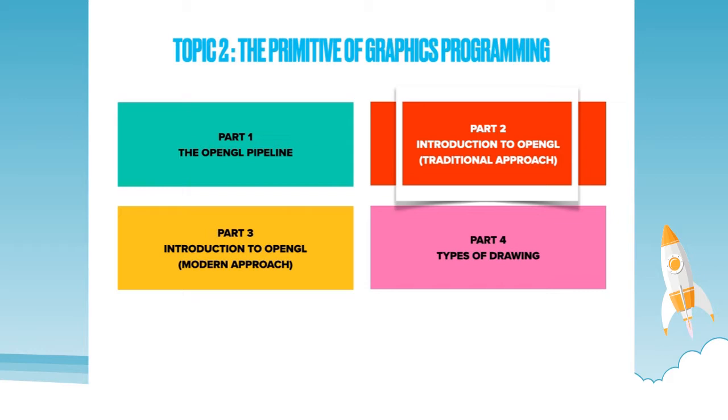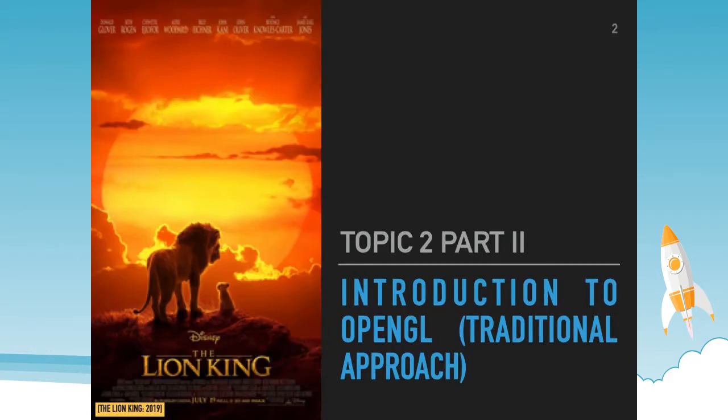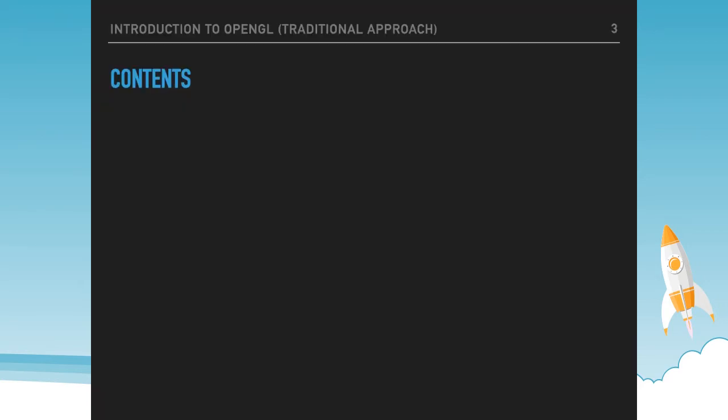And in part 2, we are going to dig in further. I'm going to introduce you to OpenGL, the traditional approach. Alright, and there is also a modern approach which will be discussed in part 3. So let's move on to topic 2, part 2, which is the introduction to OpenGL in the traditional approach.